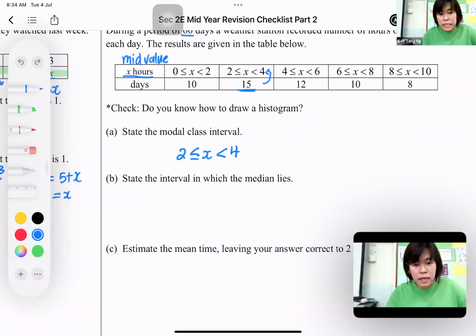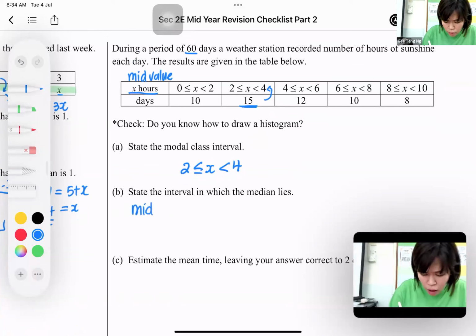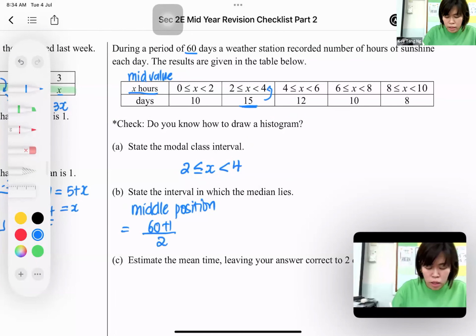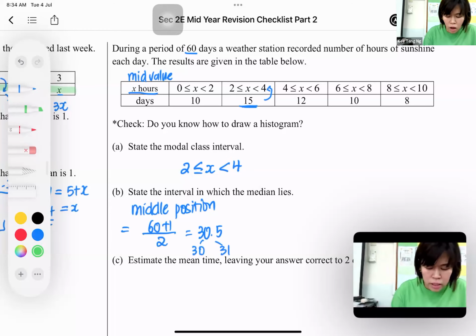Next one, state the interval in which the median lies. So first, let's find the middle position. For our middle position, there's a total of 60 data values plus 1 divided by 2. That gives me 30.5. Means I want the 30th and the 31st person. So where's the 30th and the 31st? Let's calculate. 10 of them here.